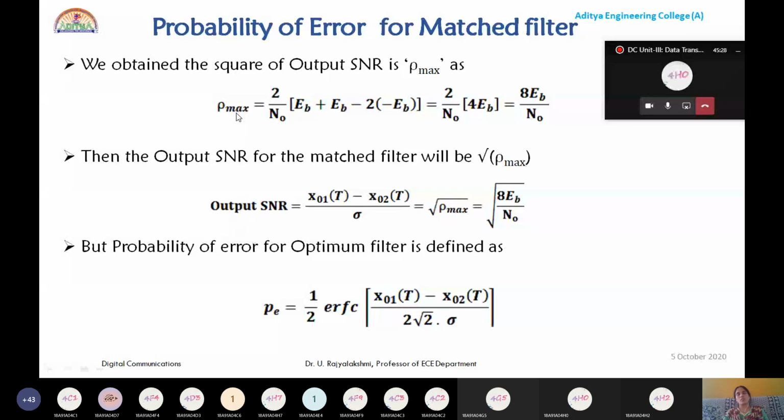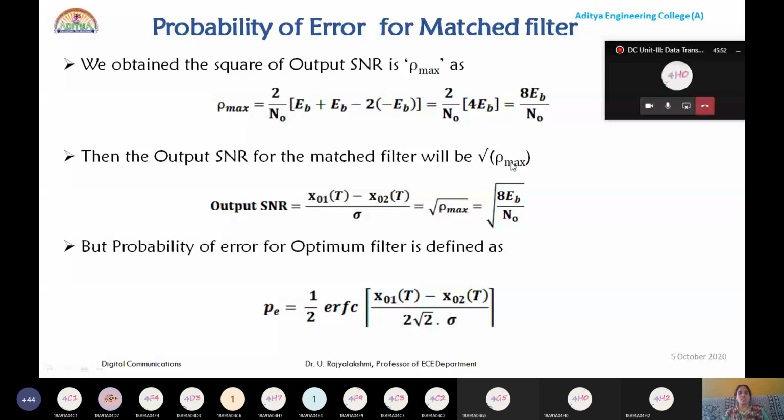From the start onwards we assumed it as x naught of t by sigma whole square, and we obtained that as integral minus infinity to plus infinity of x of f divided by SNI of f df. We use the same expression, but that is square of output SNR, and actually here we need the output SNR. So that's why we took root of rho max.